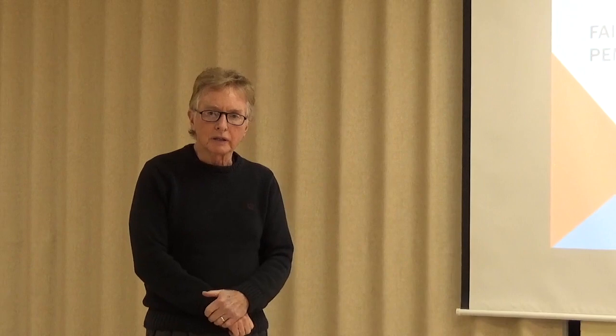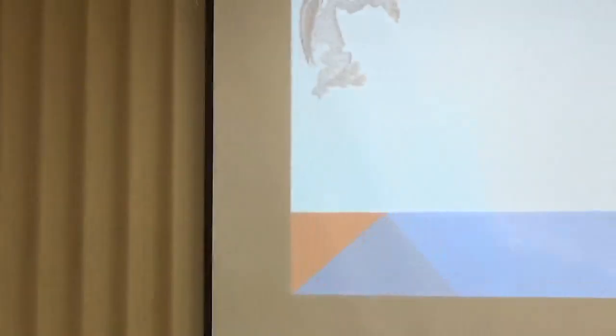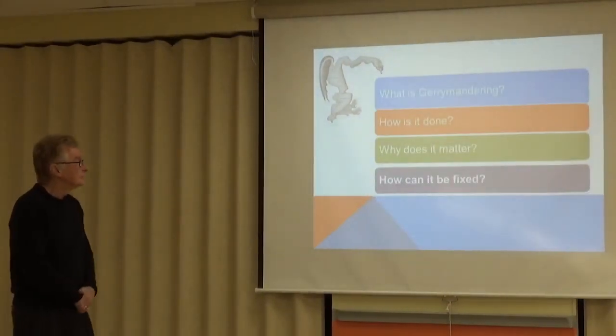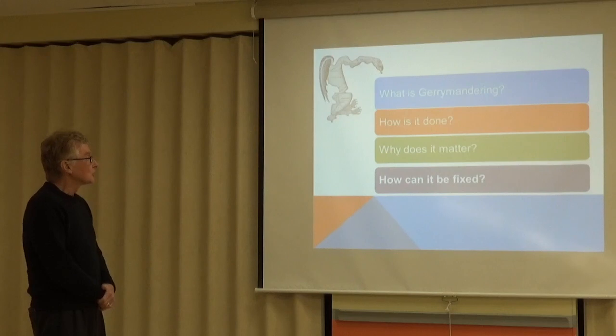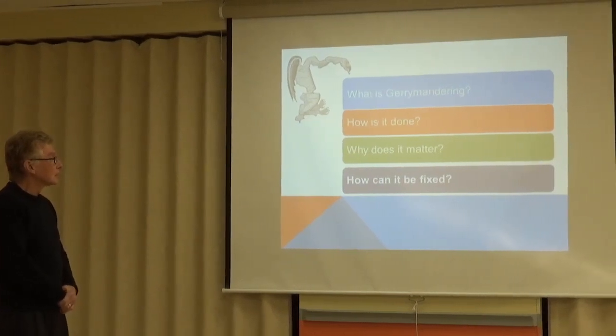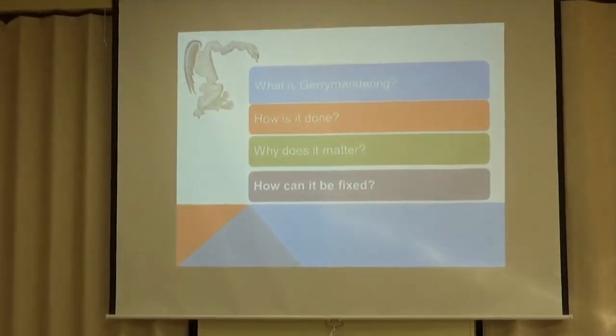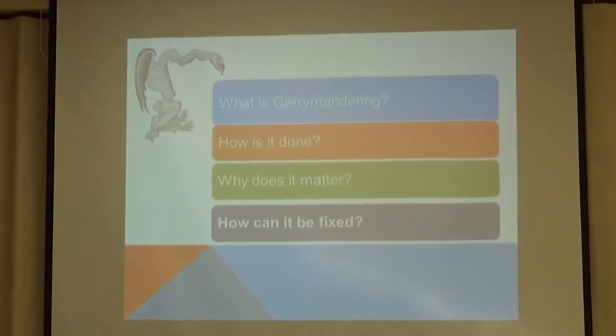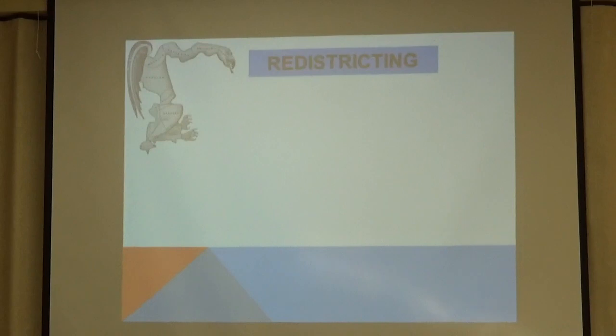So that's what we're talking about today in terms of fair districts and a concept called gerrymandering. We're going to talk about what gerrymandering is, how it's done, why it matters, and how it can be fixed.